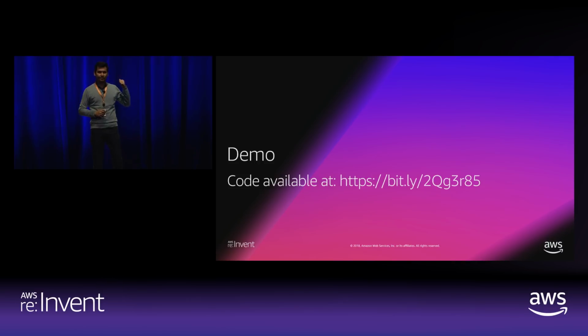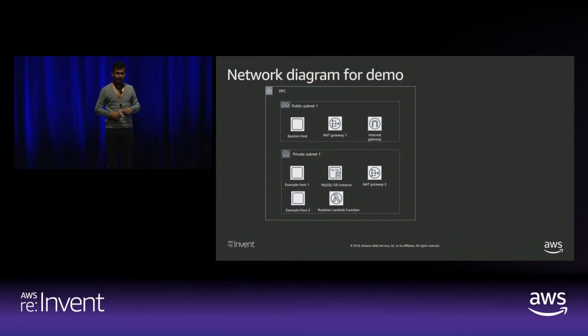OK, now that I've described the key capabilities of Secrets Manager, I'll run through a quick demo. The code will be available at this bit.ly link starting Thursday at 10 a.m. So in this demo, I use a CloudFormation template to create a public subnet where I place a Bastion host and a private subnet where I keep my database as well as my EC2 hosts.